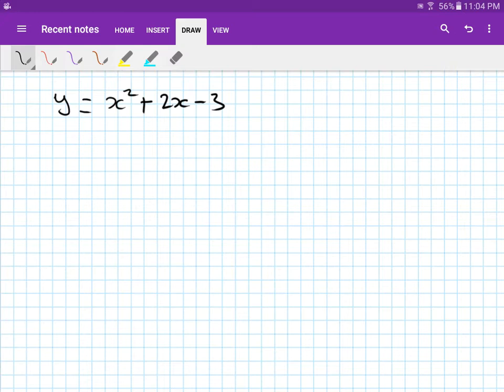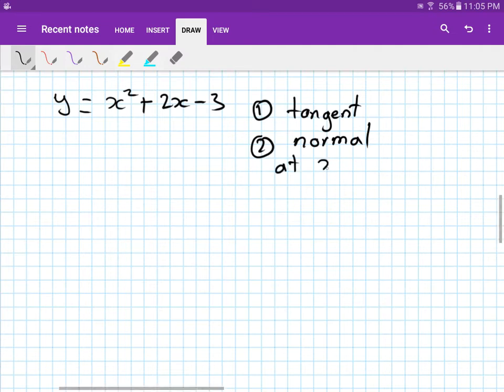I want you to find the equation of the tangent to the curve, and also the equation of the normal to the curve. Just two things: one is the tangent, the other is the normal, at x = 2.